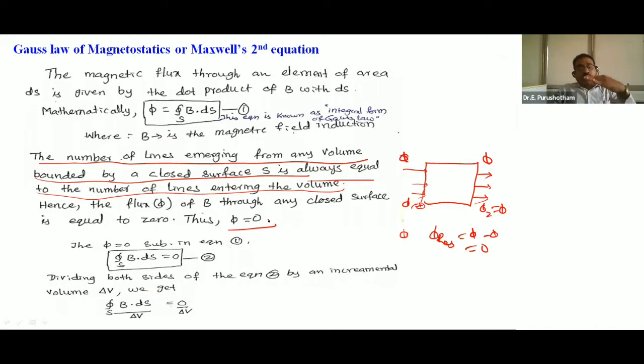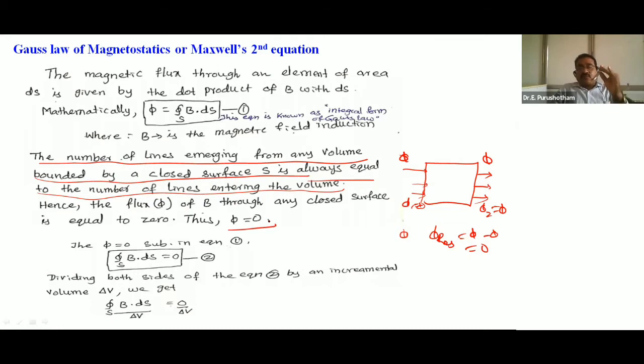What I am saying is, the number of lines emerging from any volume bounded by a closed surface S is always equal to the number of lines entering the volume. The entering magnetic lines of force are equal to the emerging magnetic lines of force.